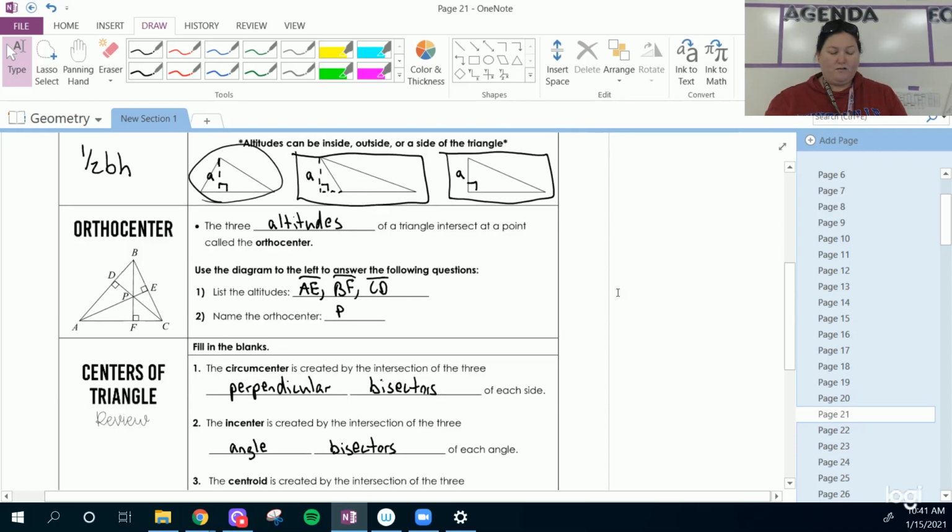So the orthocenter doesn't really have any congruent measures or anything like that you need to look out for, but what you do need to look out for is right triangles within your triangle. So for example, I have this right triangle inside of this bigger triangle. I also have this right triangle inside of that bigger triangle.